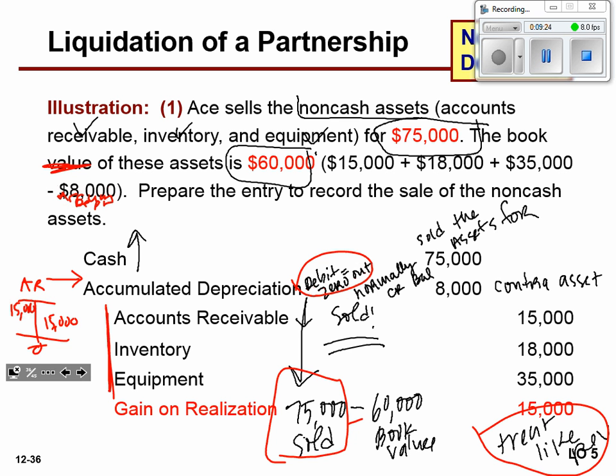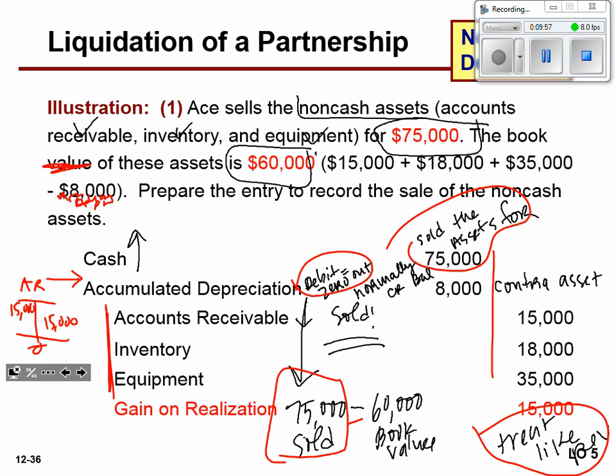It would be called loss on realization, and that would be treated kind of like an expense's cousin. Your debits and credits would not have equaled until you got that $15,000 credit in there. Because remember, we got $75,000 from that sale, and we gained an extra $15,000 based on the $60,000 lineup of those assets. Make sense?